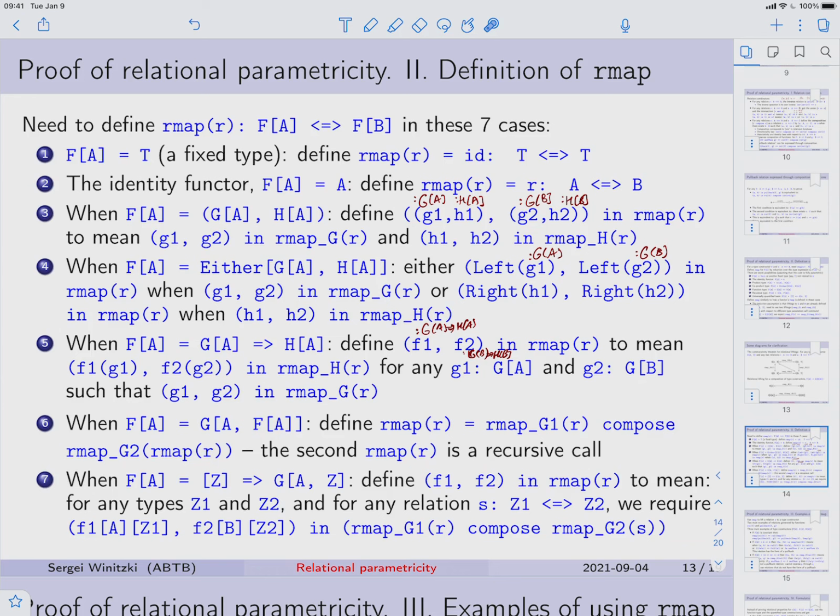So recursively, I already know how to lift f of A to f of B, to relation f of A to f of B. So I lift that relation in here, and I lift the same relation in here to obtain a relation between g of A, f of A and g of B, f of B. So that is how I have to do it.